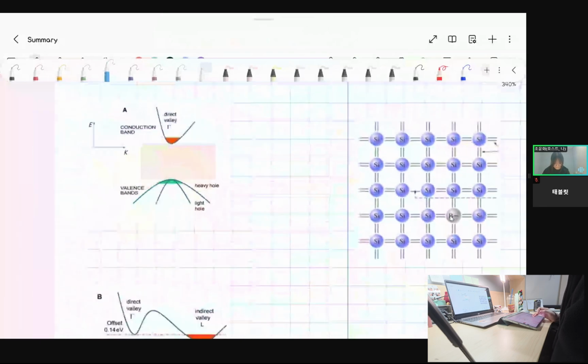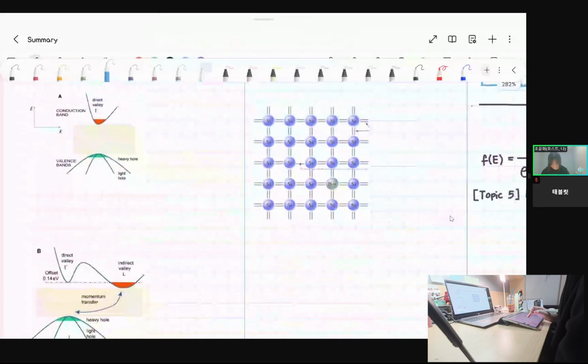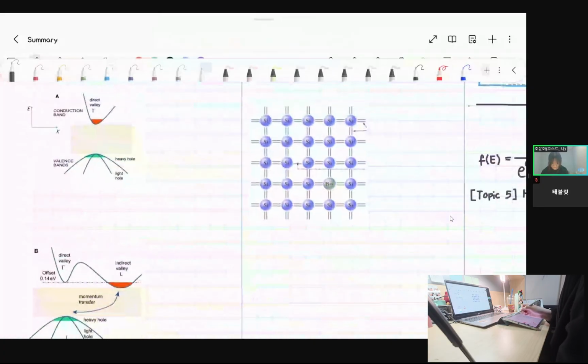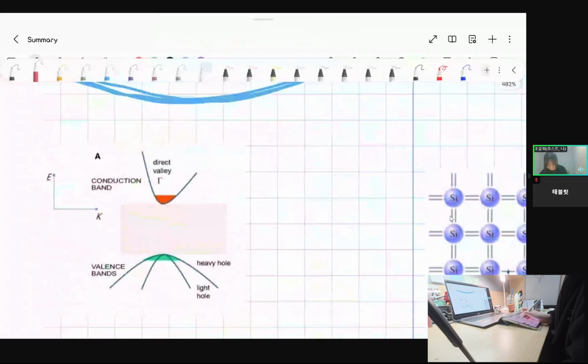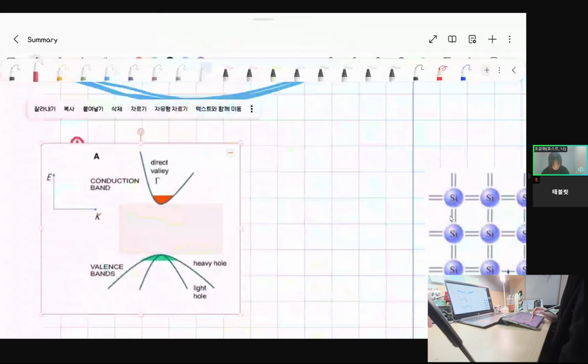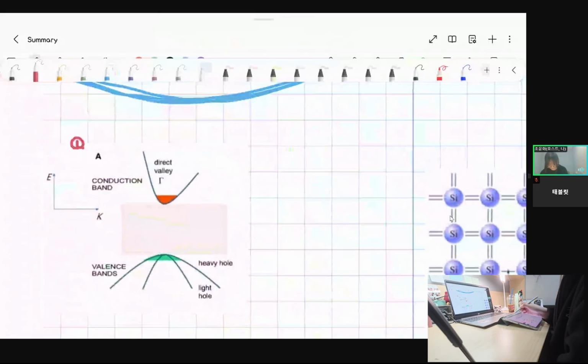So let's see the two EK diagrams. In the first case of EK diagram, we can see two lines.